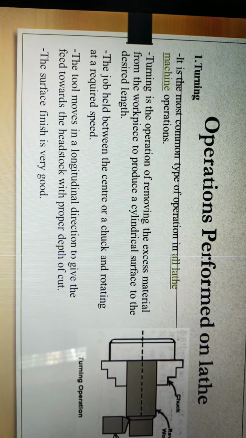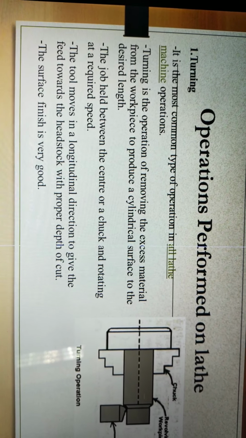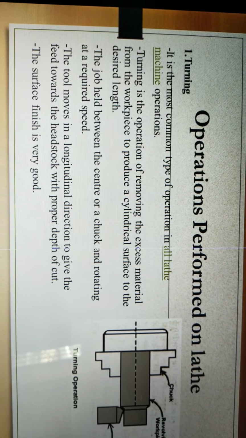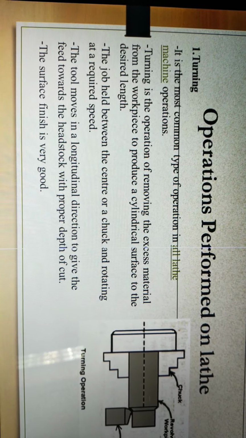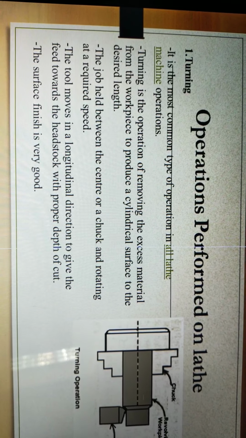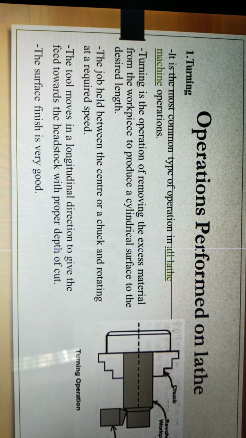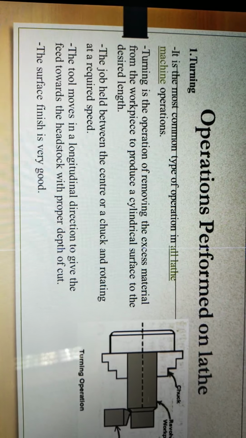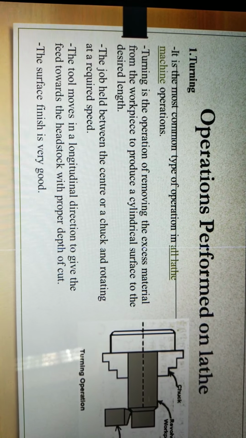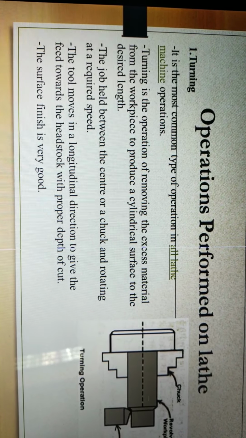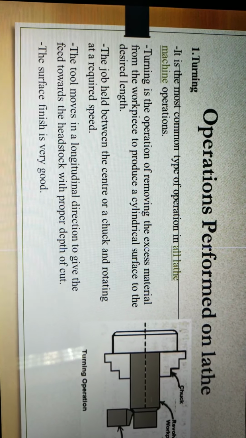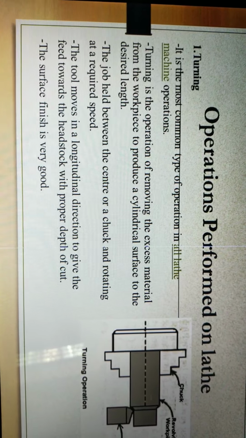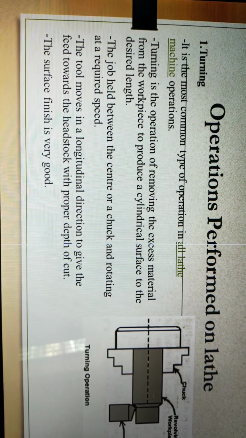First operation which is going to be there is turning operations. It is the most common type of operation in all lathe machines. Turning is the operation of removing excess material from the workpiece to produce a cylindrical surface to desired length. The job is held between the centers or a chuck, and it is given a required rotating speed.